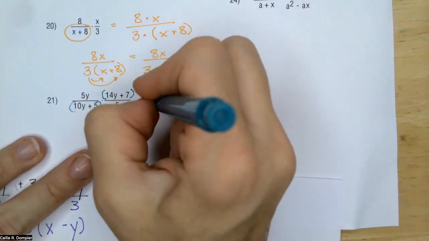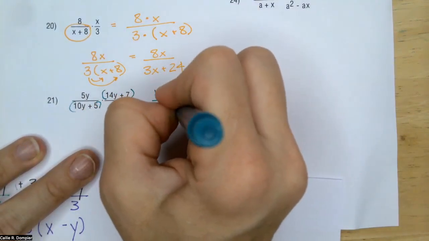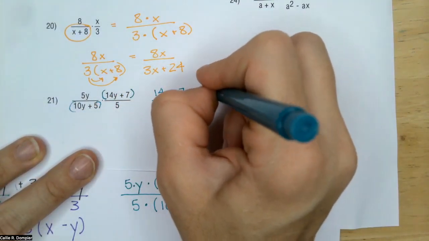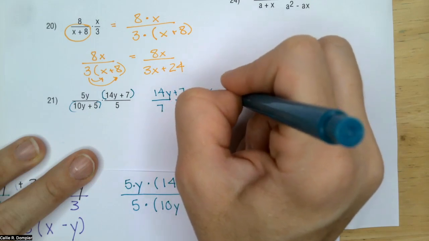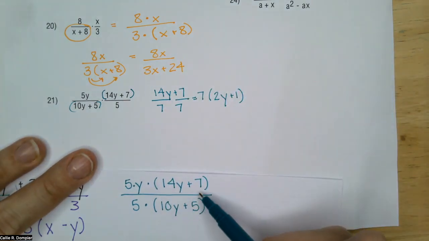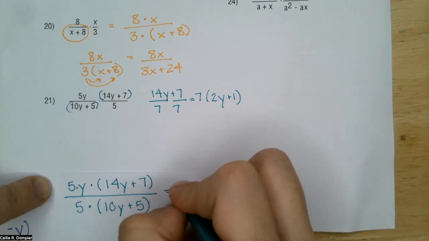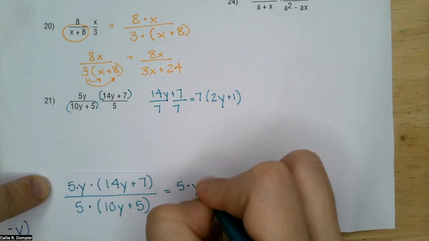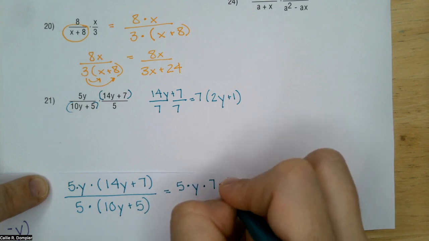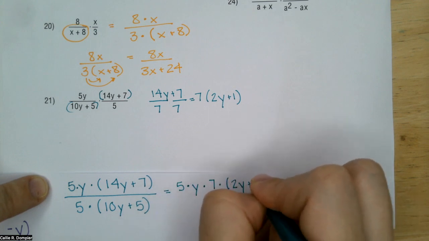I see a factor, right? I can divide them both by 7, and 14y plus 7 becomes 7 times 2y plus 1. So I'm going to replace 14y plus 7 with 7 times 2y plus 1. So it's 5 times y times 7 times 2y plus 1.